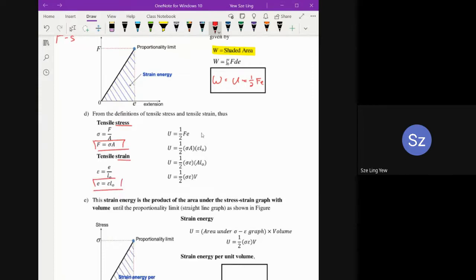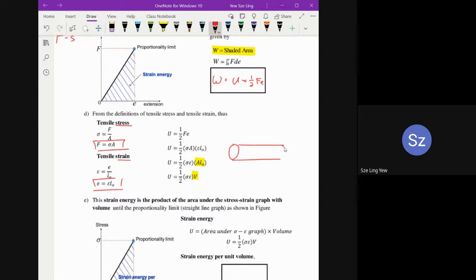Subbing both in, you obtain U equals 1 over 2 sigma A epsilon L naught, which then equals 1 over 2 epsilon sigma AL. Now AL, when it comes to a rectangular-shaped object or a cylinder, also represents the volume. So we have an object, for example, this is our rod.